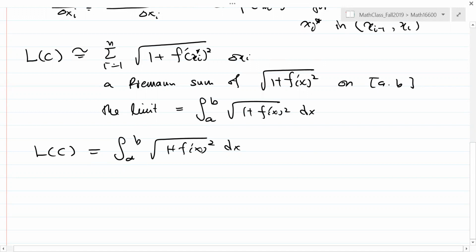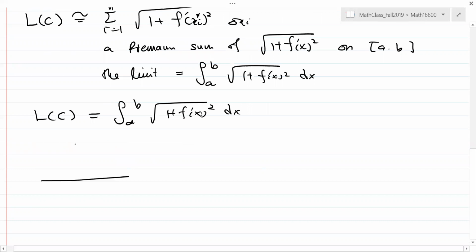Now, the curve can be described by another type of equation, and then you have a similar idea to get the formula. For example, if the curve is the graph of x equals g of y, from c to d, that's possible, right?